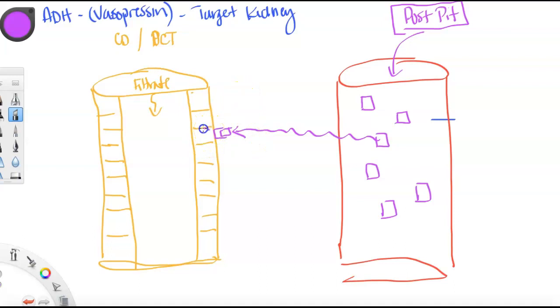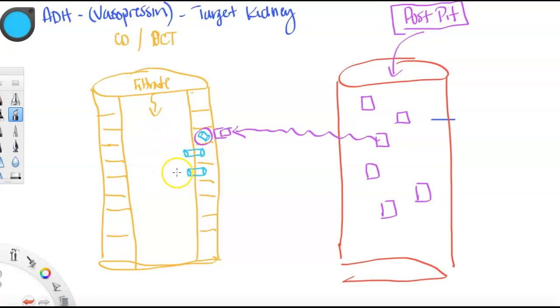And ultimately, what it does is it stimulates vesicles that contain special channels in them. And they tell these vesicles to exocytose and deposit them into the luminal membrane, so the membrane that is along the lumen of the tubule.